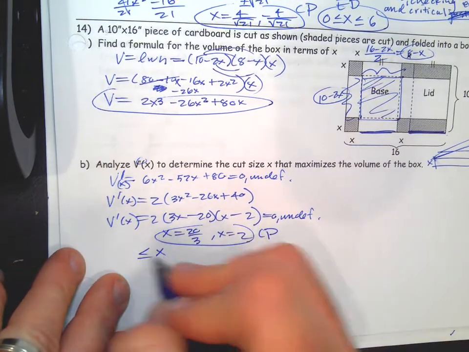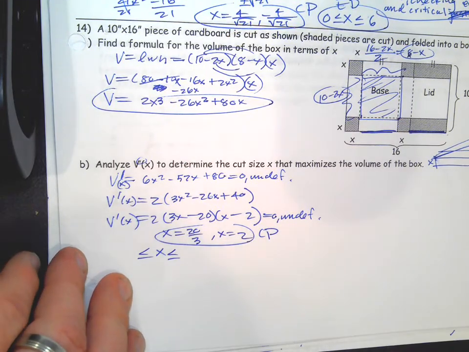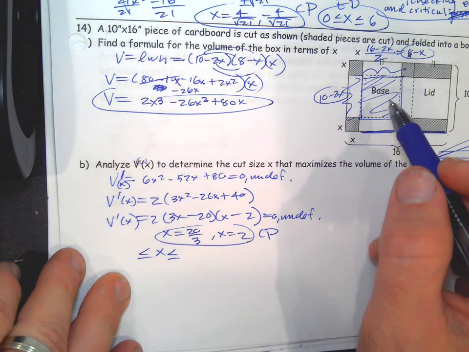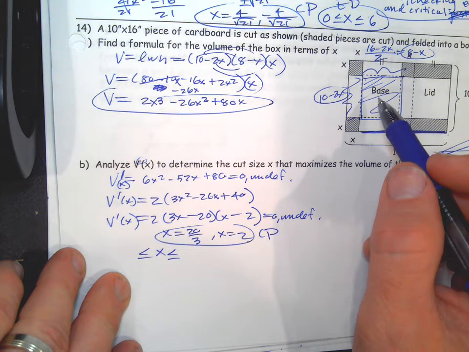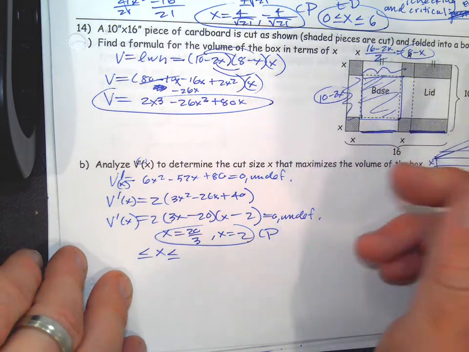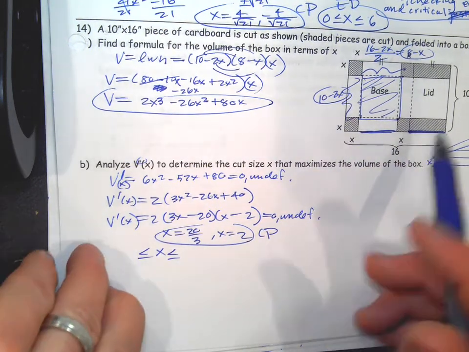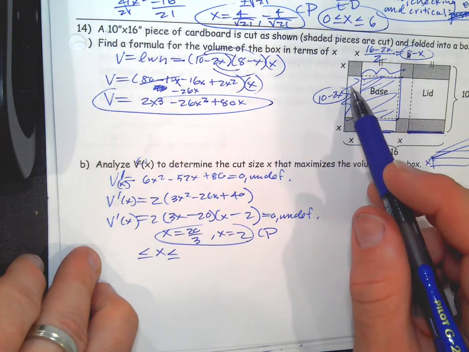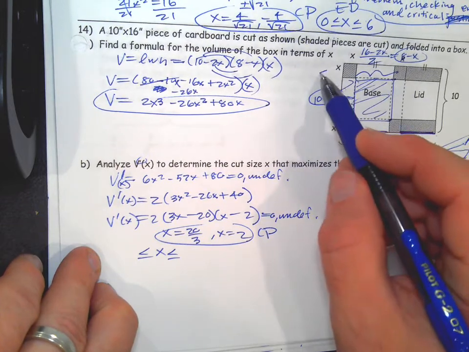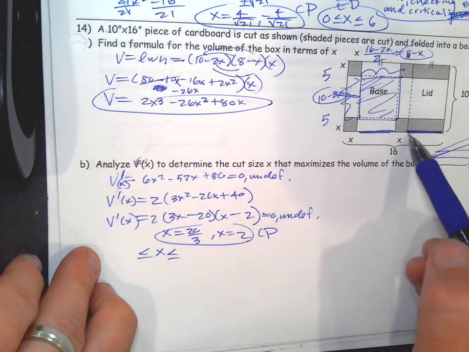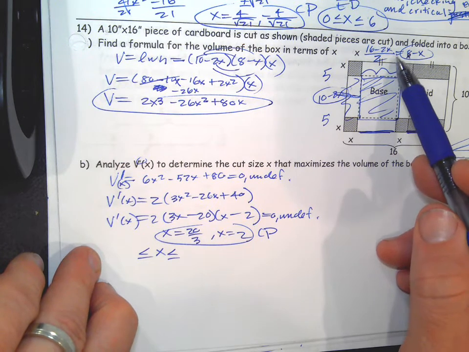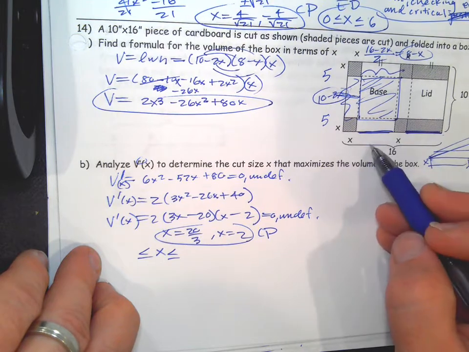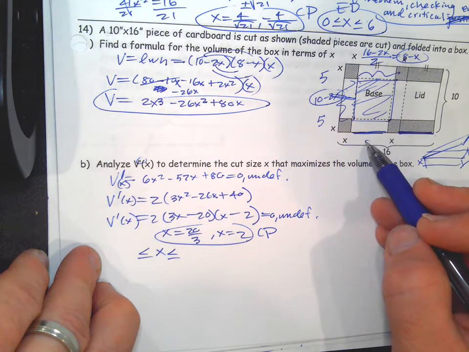And then what's the smallest x could be? x could be like the whole side, I guess, right? You're throwing away the pieces of cardboard you cut out, so you could throw away a ton. It's either going to be 5 and 5, or in this case right here, they could both be 8 and 8.